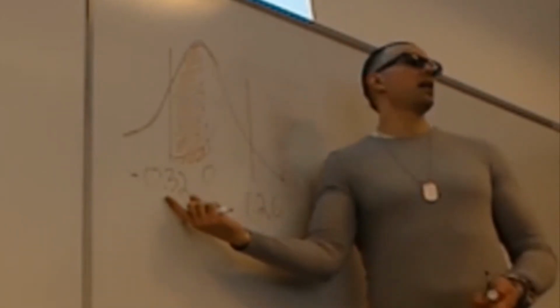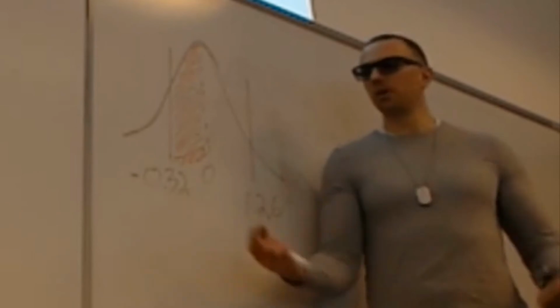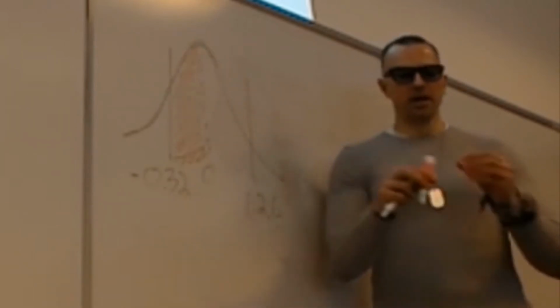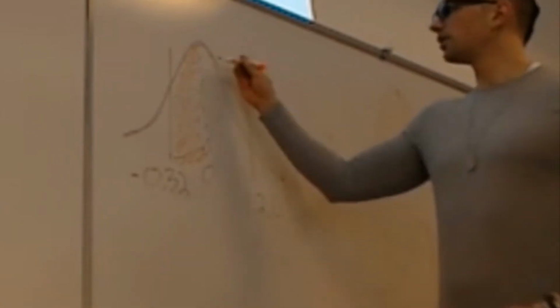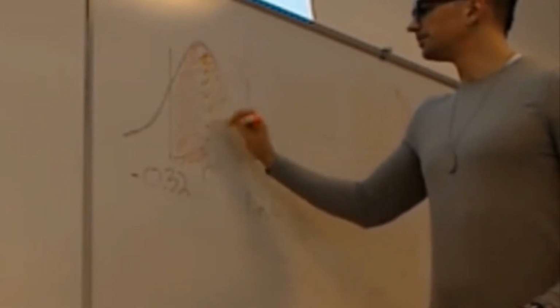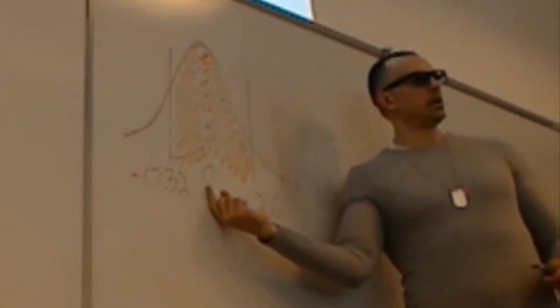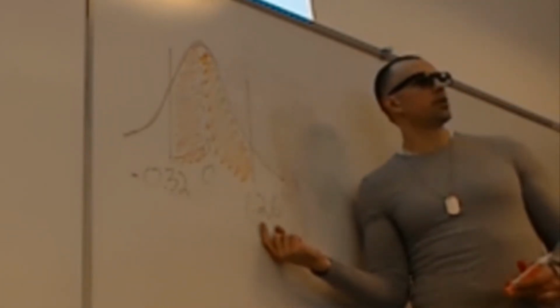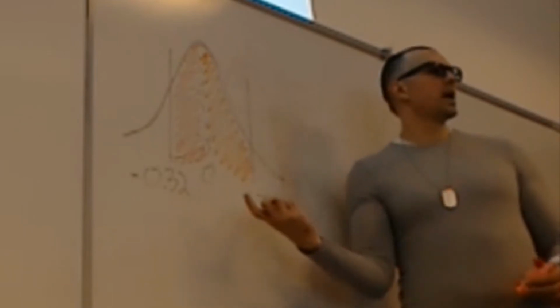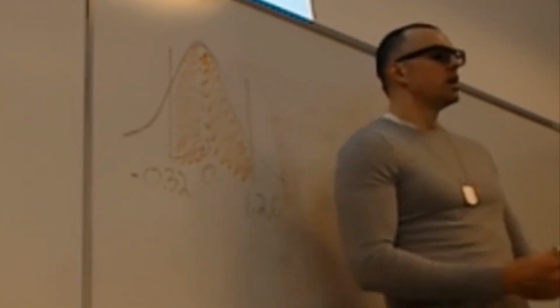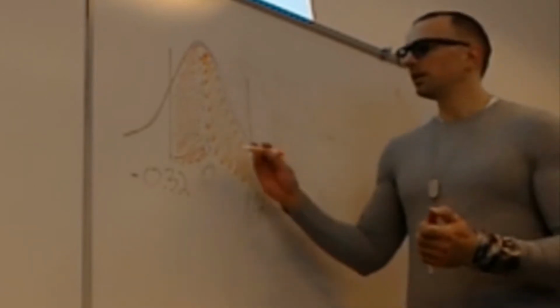We just have to remember that we need to flip it, because we don't have minus z-scores in the table, they're all positive. But we need this piece of that area. And then we also need this piece of the area. And once again, from the mean to a z-score of 1.26, we can find that piece straight in the table as well.